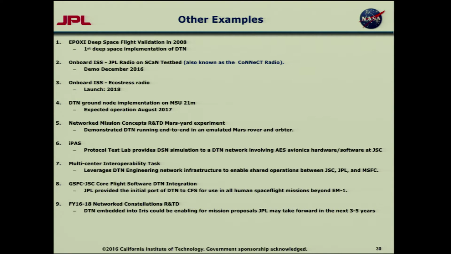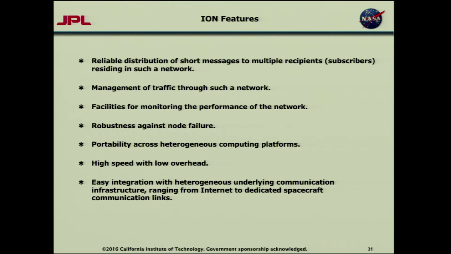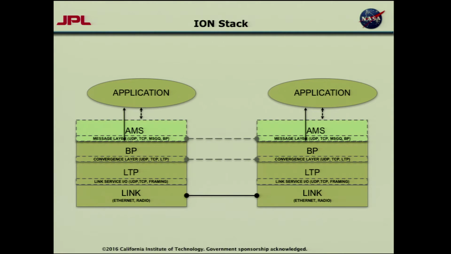There are lots of other examples and lots of other work that we've done. Some of them are the onboard ISS scan testbed radio demonstrations, lots of other things. You can look at the list in my slides, but I'm going to skip down and show a little bit about the ION stack.